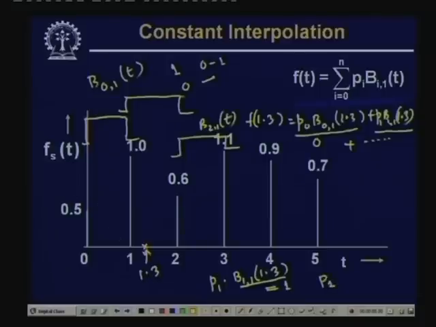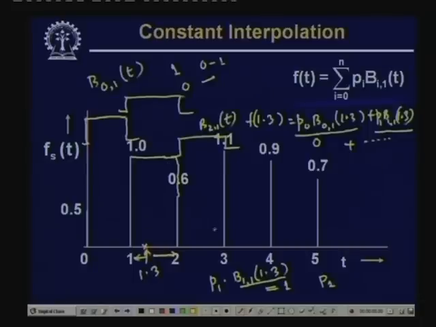In this case it is f_s(1), and for any other values of t within the range 1 to 2, the value of f(t) will be the same as f_1 or p_1. So, I can do this interpolation like this: between 1 and 2, the function values for all values of t will be equal to f_1.